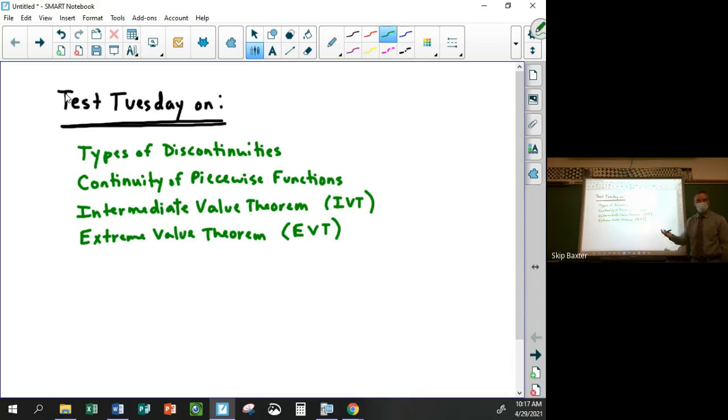They give you a table of values and ask a question about the intermediate value theorem or the extreme value theorem. And if they talk about f prime, that's talking about whether the function itself is increasing or decreasing. If f prime is positive, the function's going up from left to right, generally. And if f prime is negative, it's going down from left to right.